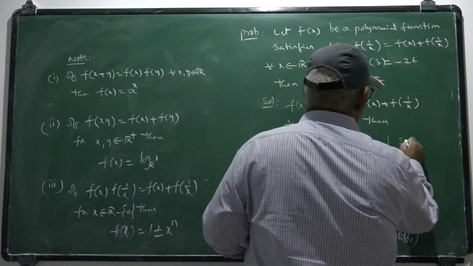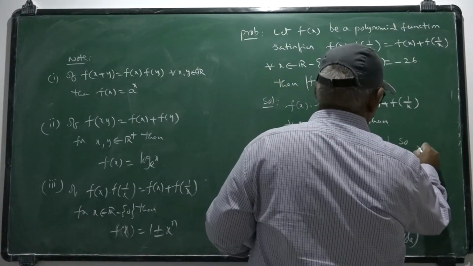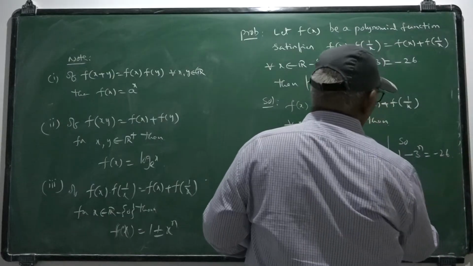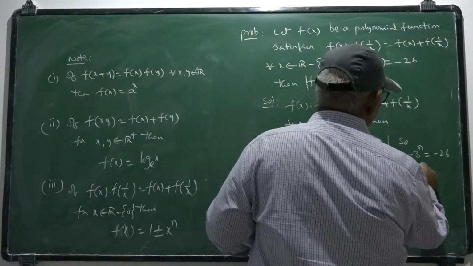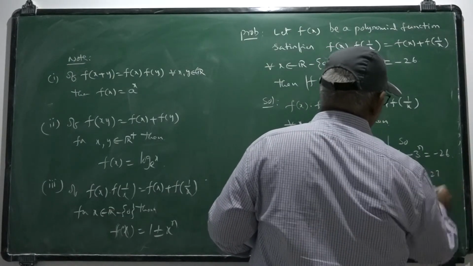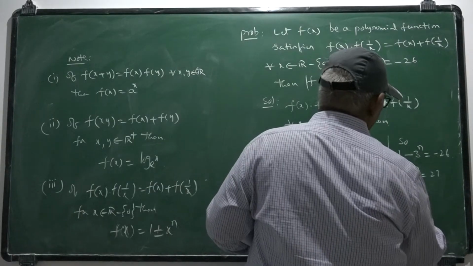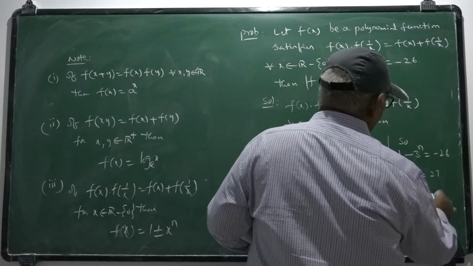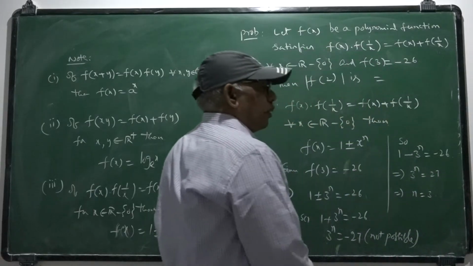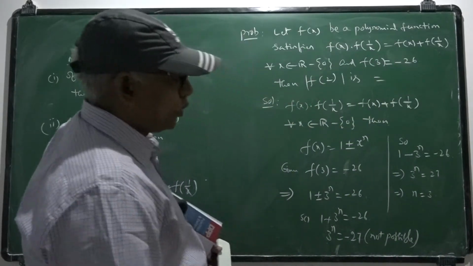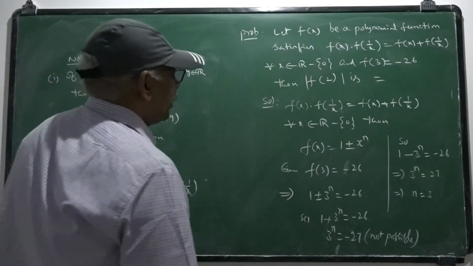So 1 minus 3 power n must be minus 26. That implies 3 power n takes the value 27, which is 3 cube. So n equal to 3.